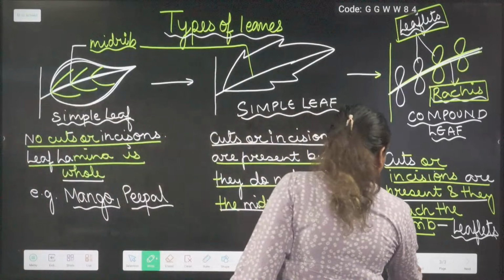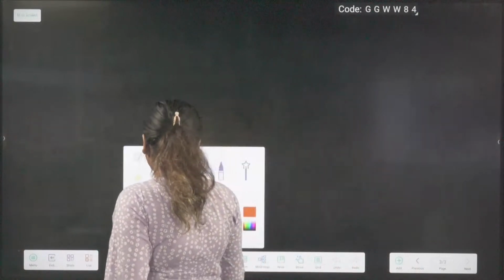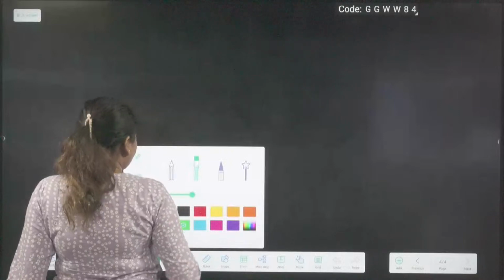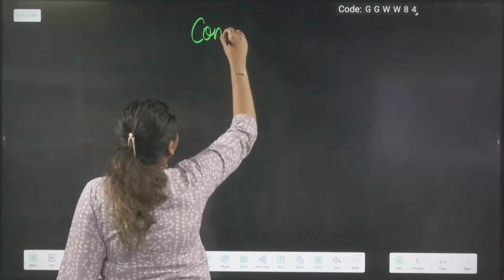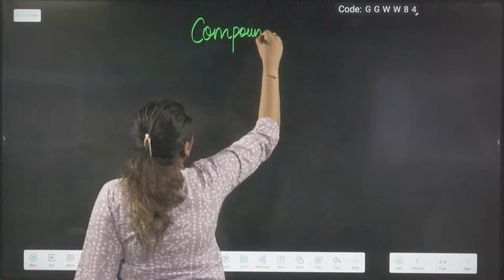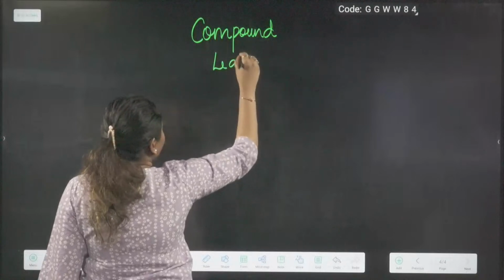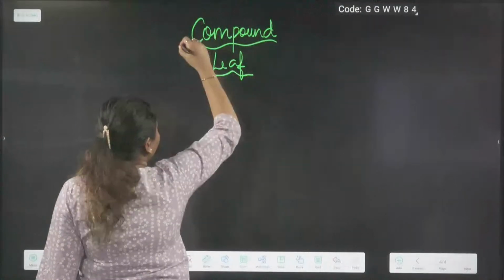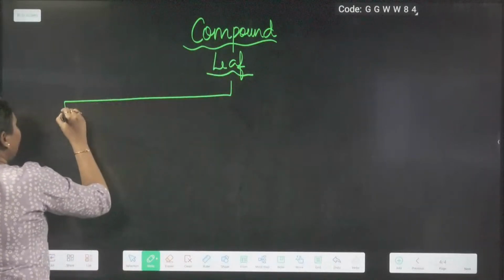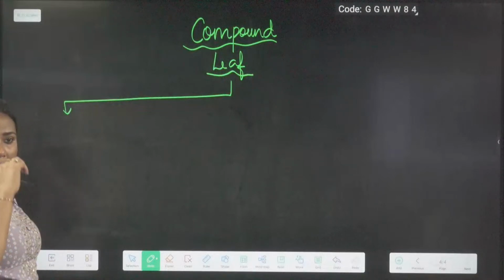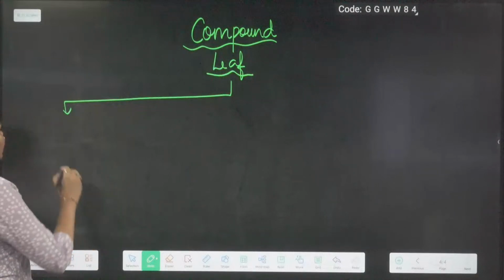Now, compound leaf is of two types. What are those?